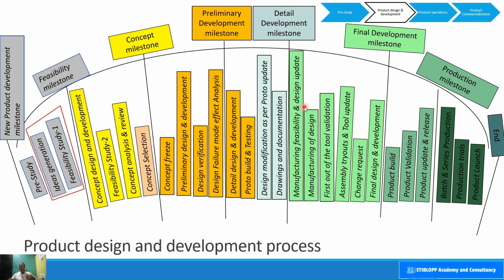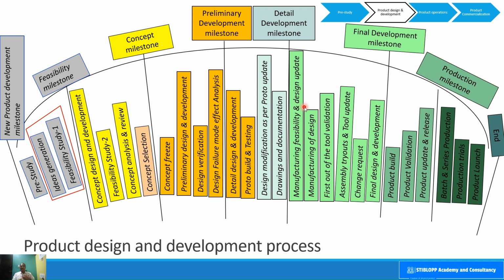He doesn't directly jump into the manufacturing. He buys the raw material. He starts casting the blocks which are required for the tool design. And once the tool is ready, he comes out with the first out-of-tool parts and does the assembly trials, and based on the assembly trials he does the tool update.